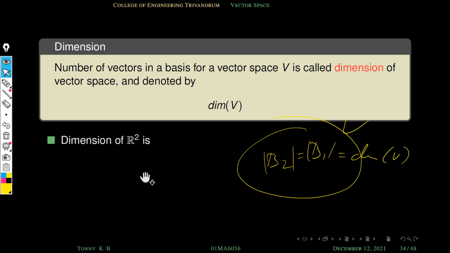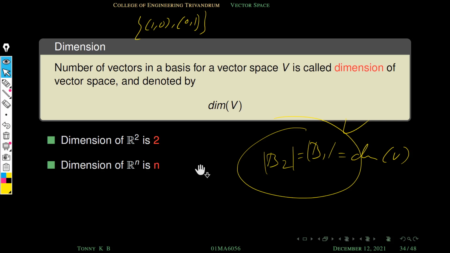Dimension is nothing but the number of elements in a basis. And we know that R square has a standard basis, (1, 0), (0, 1). This is a basis for R square, and this basis contains only 2 elements. So its dimension is 2. Similarly, what about the dimension of Rn? Yes, it is n, because Rn has a standard basis and that basis contains only n elements, so its dimension is n.